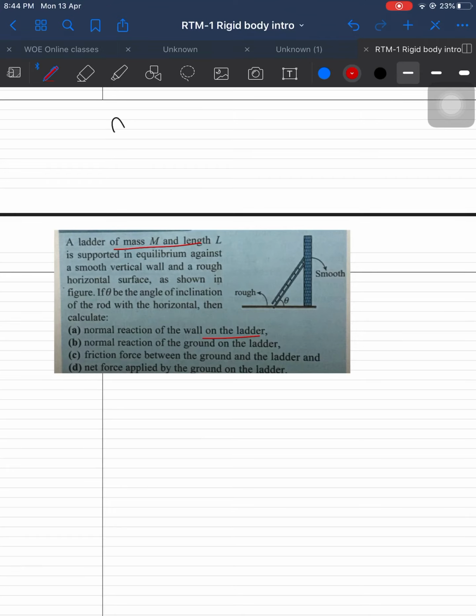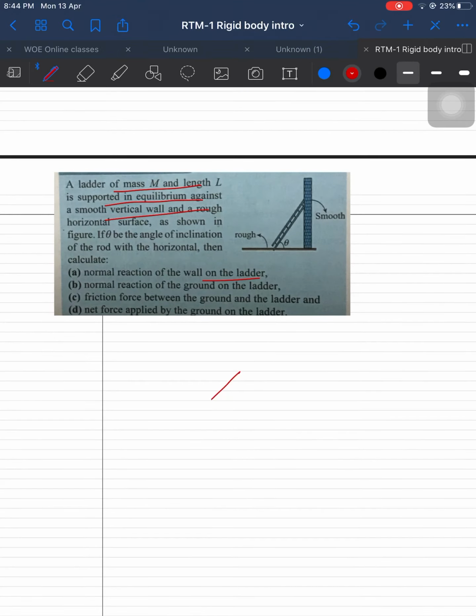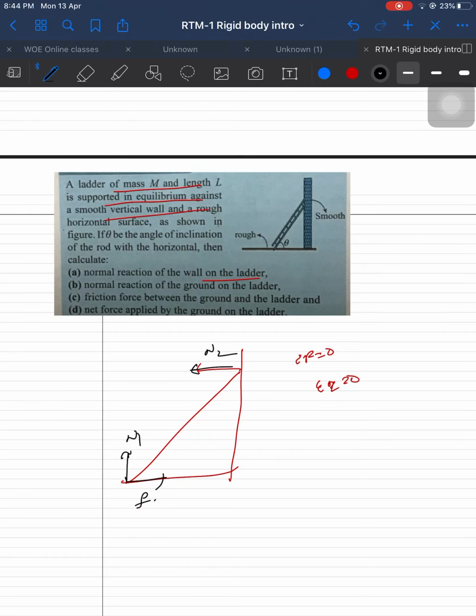A ladder of mass m is supported in equilibrium against a wall. If it is in equilibrium, the net force is equal to 0 and the net torque is also equal to 0. I am writing the normals N2 and N1. Friction will be in the opposite direction.